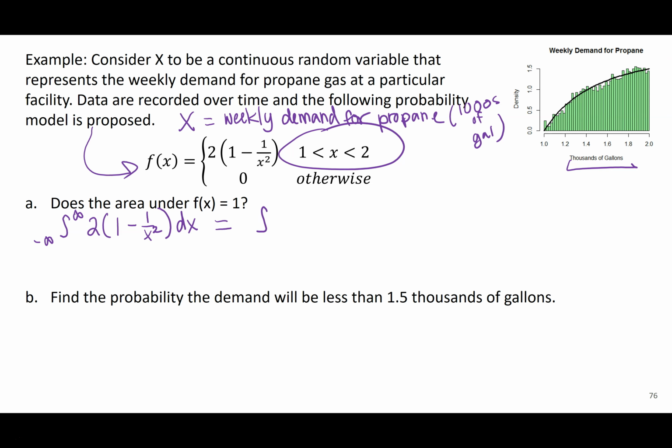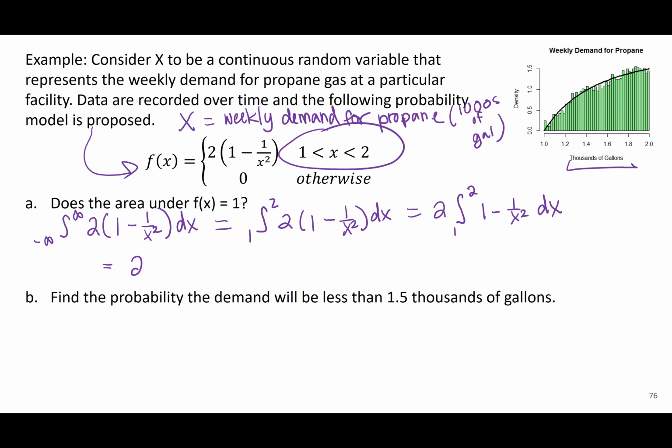I can go from just 1 to 2, because that is where x is defined. So I'm going to redefine it here and take the 2 out. It makes it a little bit easier, but you don't have to. You can distribute it if you like. So 1 minus 1 over x squared dx.